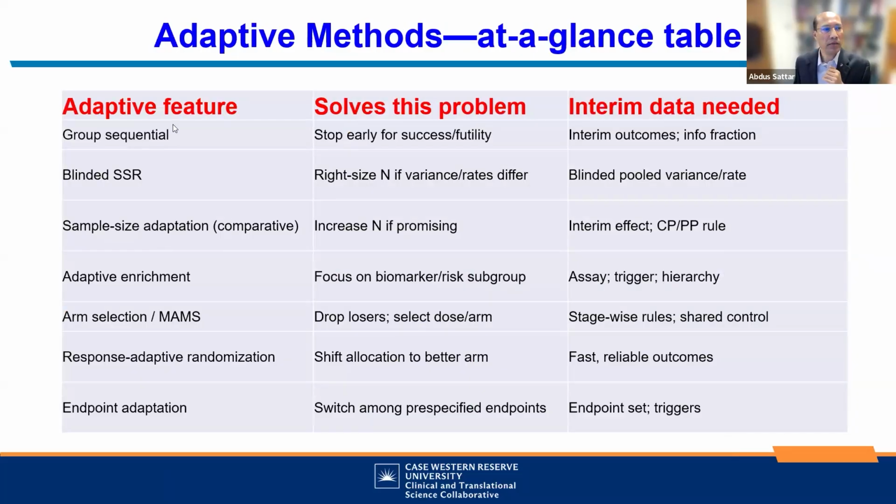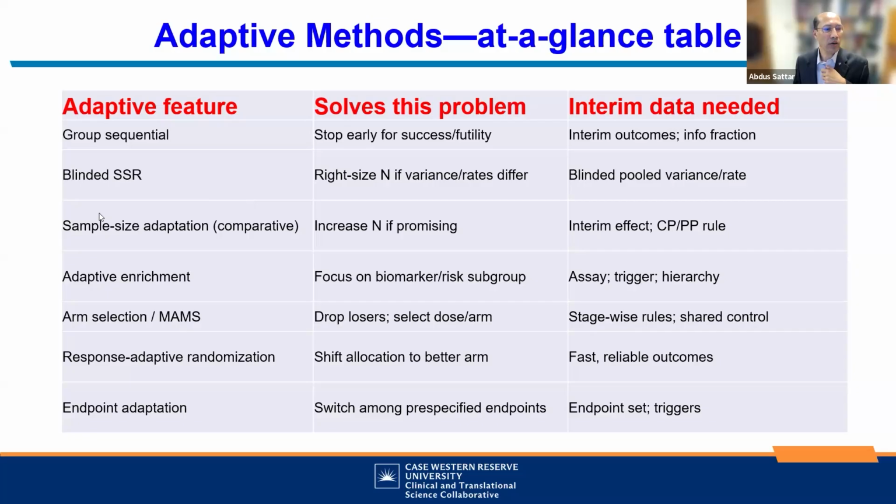In summary, the adaptive feature, group sequential, will solve the problem of stopping early for success or futility, and we would need the interim outcomes and information fraction. For blinded sample size re-estimation, if variances or rates differ from the pooled variance from the interim analysis, we can find the variance estimate and fix the issue of sample size.